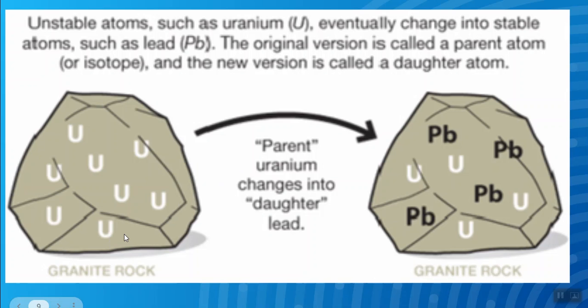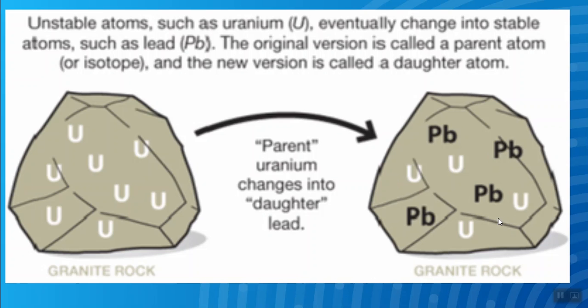Lots of igneous rocks have uranium in them. If you look sometime later, you will also have the daughter, like the lead. Uranium turns into lead as the daughter. We might have all uranium to start, and then now we have about half and half. So one half-life has passed.